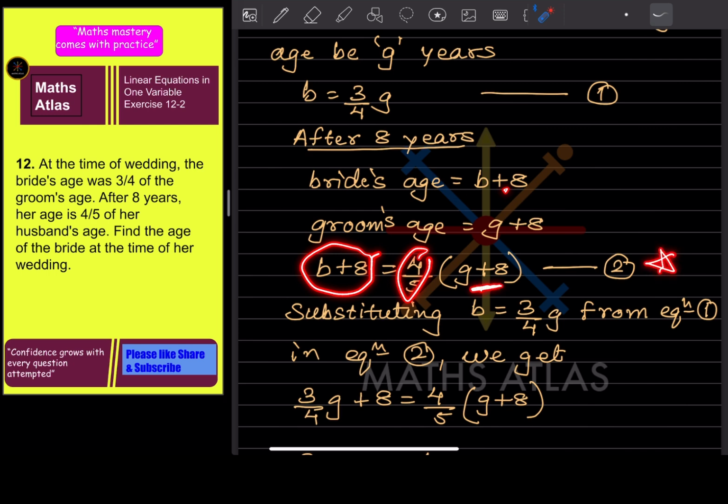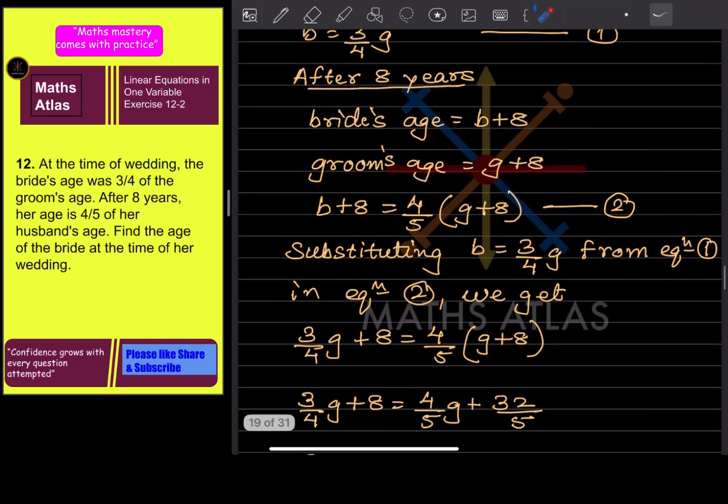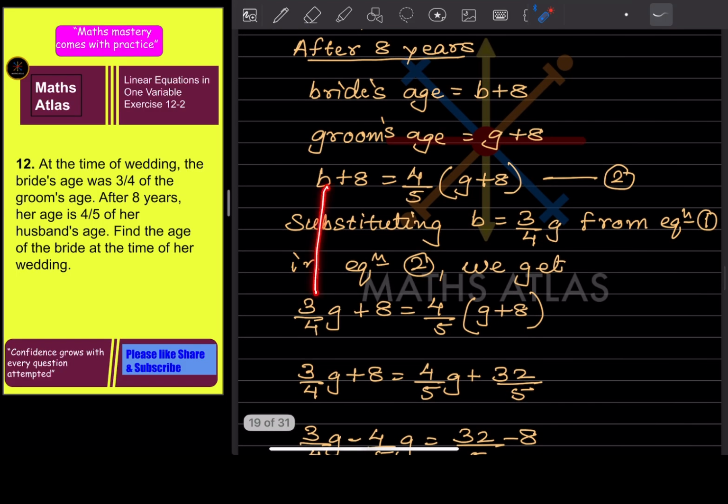This will be the main equation, equation number 2. So substituting B is equal to 3 by 4 G from equation 1 in equation 2, we get 3 by 4 G plus 8 equals 4 by 5 of G plus 8.